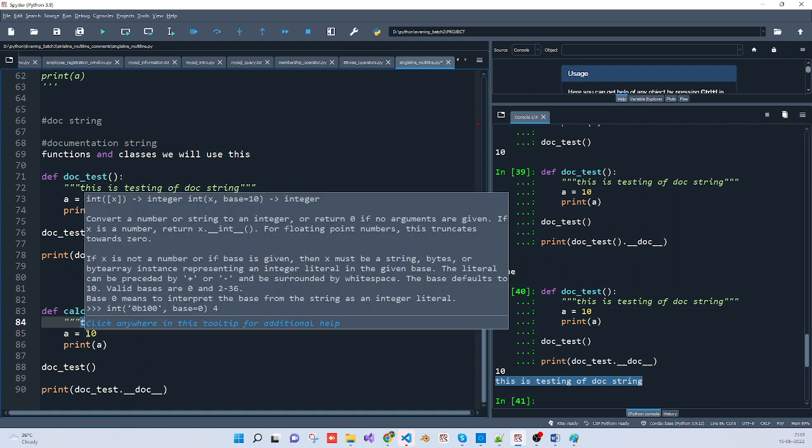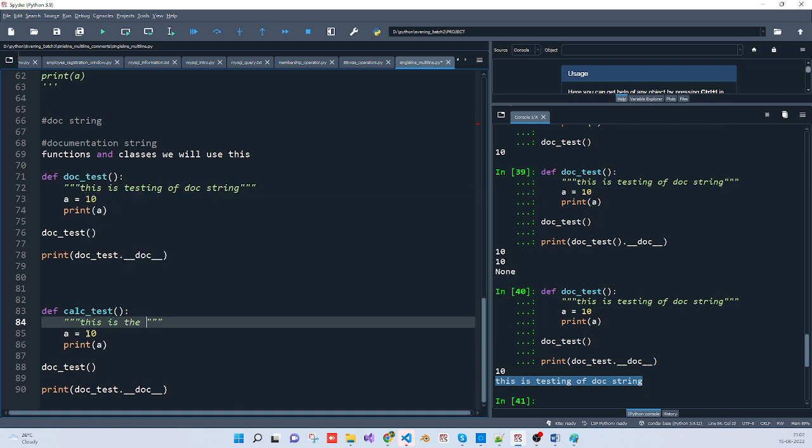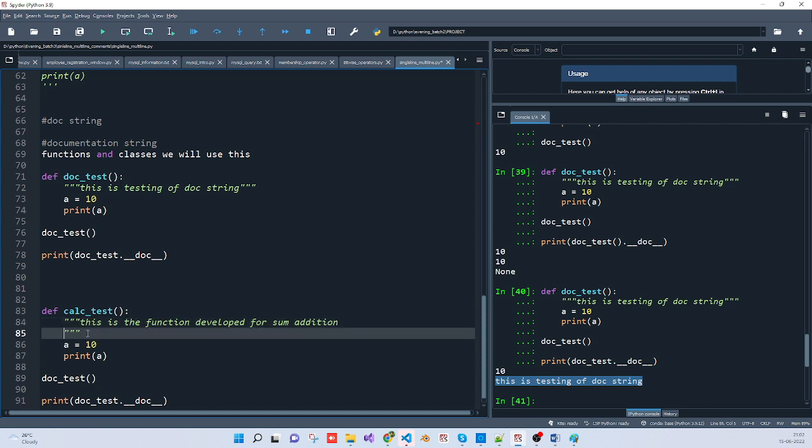This is a function developed for some addition, multiplication, and division, division operation, and many other math operations.